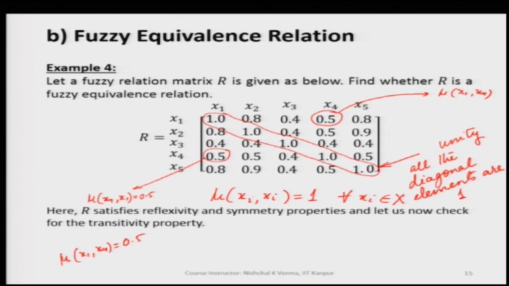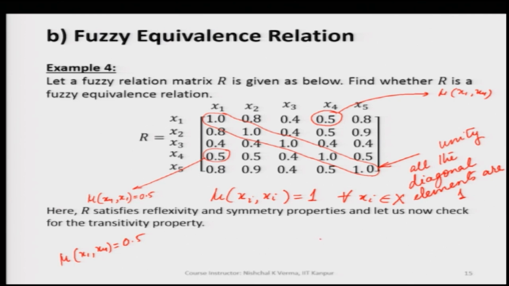So, this way for this element, for x 4 x 1 and x 1 x 4, both the elements are same, and this has to be checked for all the elements in the fuzzy relation set. So, when we do that, we see that all the elements are satisfying this criteria.